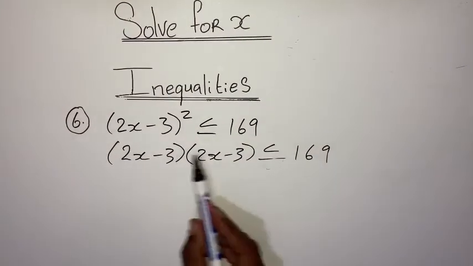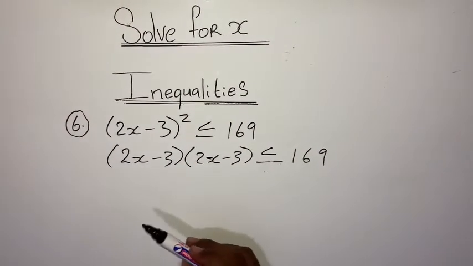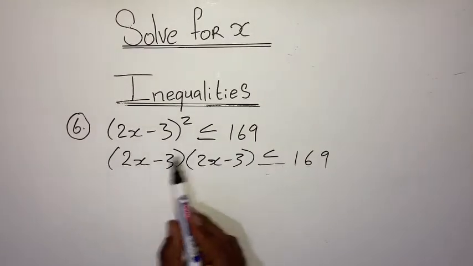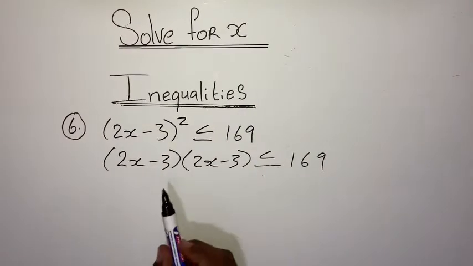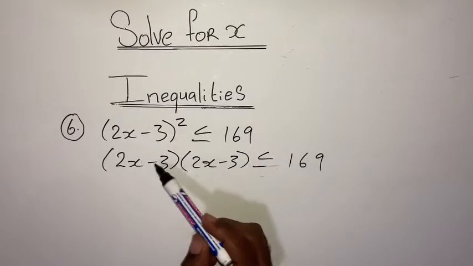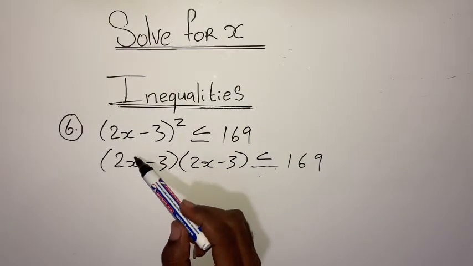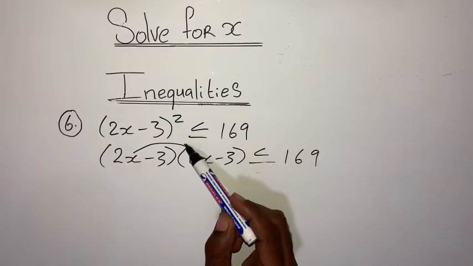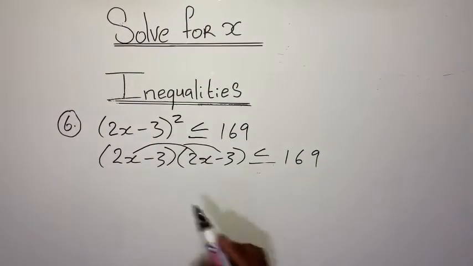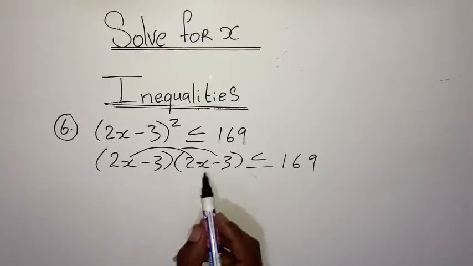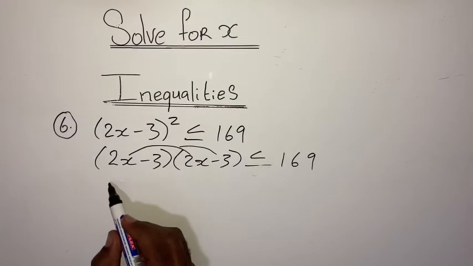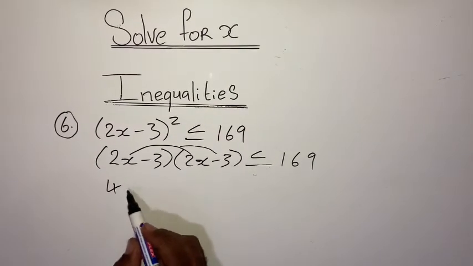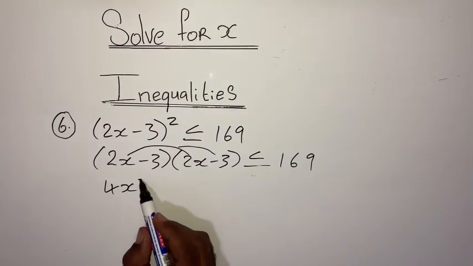Then from here, we'll use the BODMAS rule, bracket first. We have to multiply out this bracket. Then we use our FOIL method, which will multiply 2x times 2x. Then we multiply 2x times -3. So 2x times 2x, you'll get 4x squared.